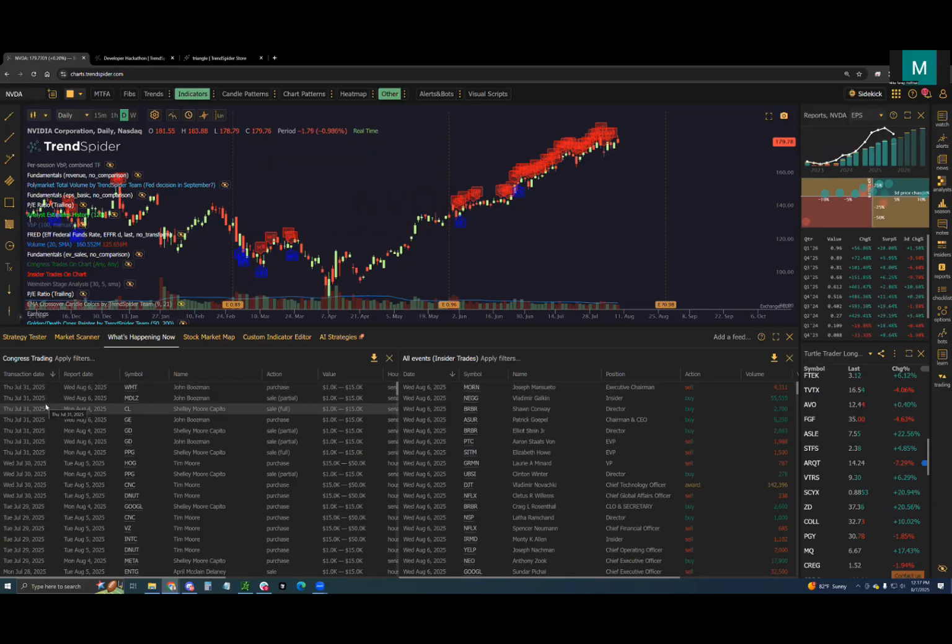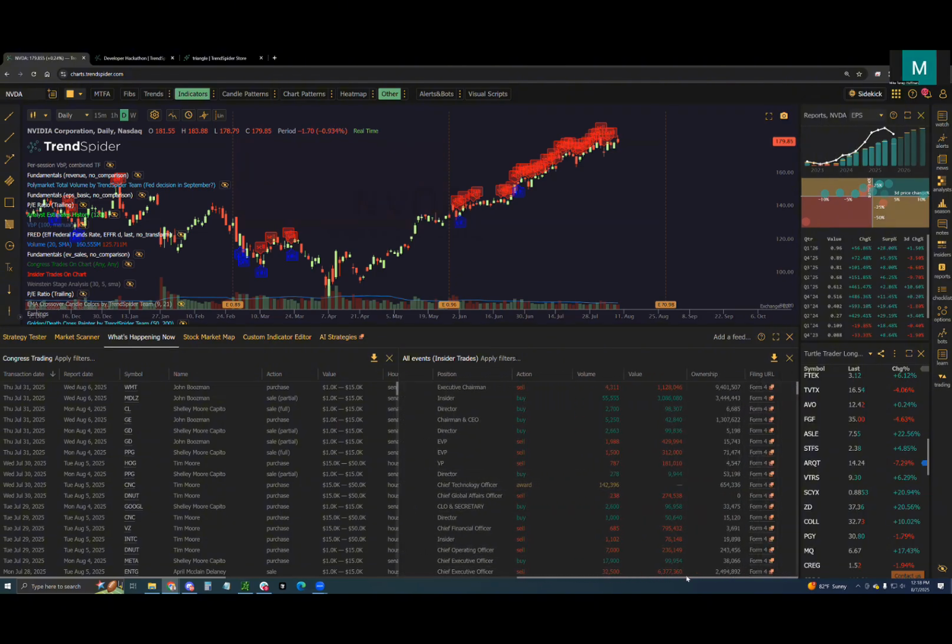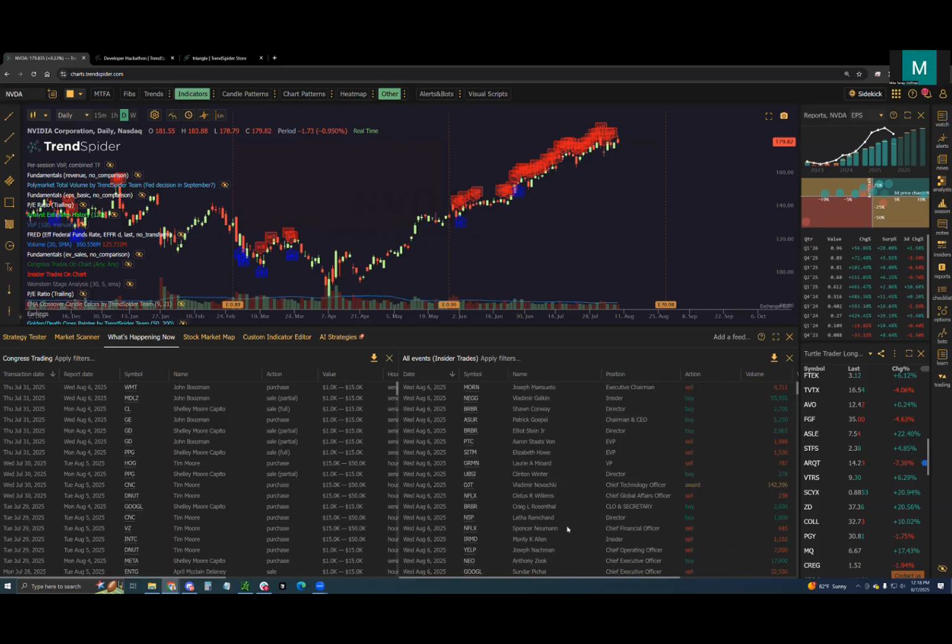I have a question: does it show you the insider buys live, or is it a lagging indicator? So the thing about all these insider buys is that they don't have to report it until a couple of weeks after they buy it. The second they file the Form 4, or whatever it is they have to file, it will pop up.